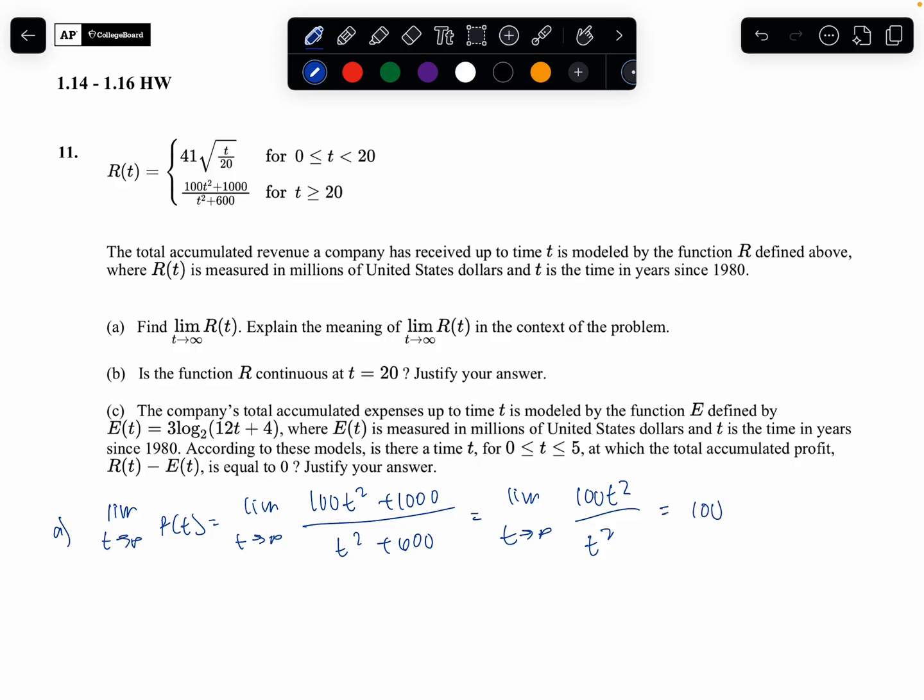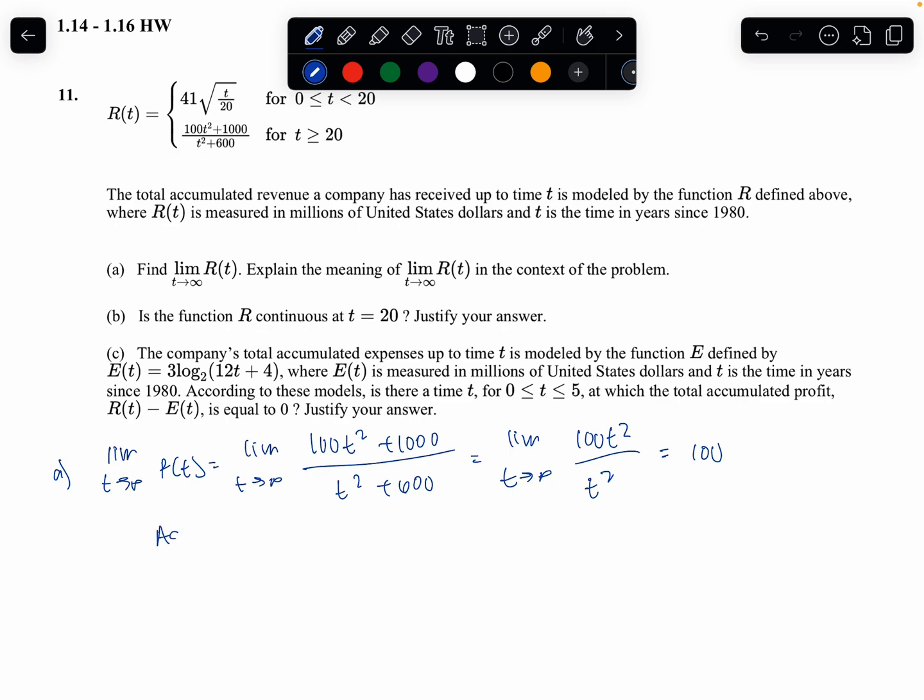So what is the interpretation of that? As time increases, what is t? Yeah, years.